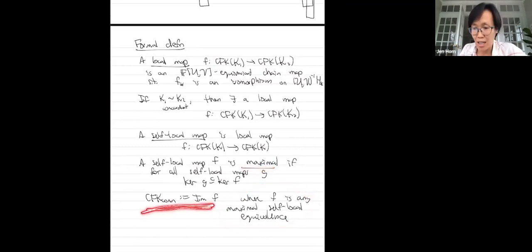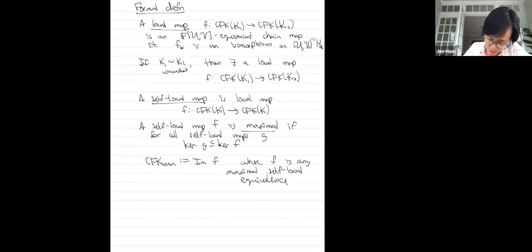And what this actually does is it picks out the smallest summand that supports the localized homology. Okay, so this is one way to try to get out as much concordance information as possible from the knot Floer complex.